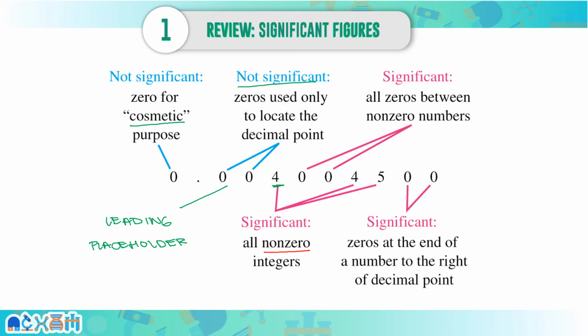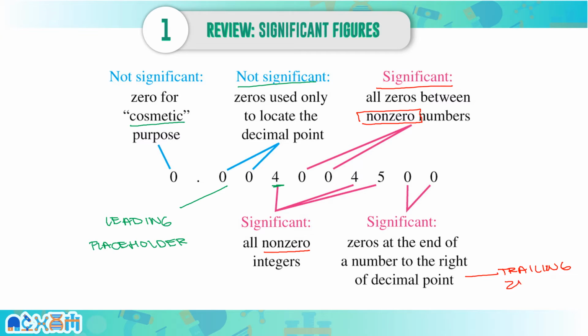We now have two zeros here with different positions. First, the zero in between a non-zero number. Kindly remember that zeros on a non-zero integer is deemed significant. Another thing is that we have here what we call trailing zeros.